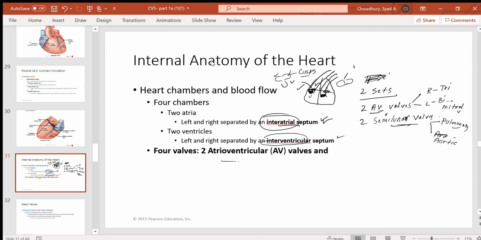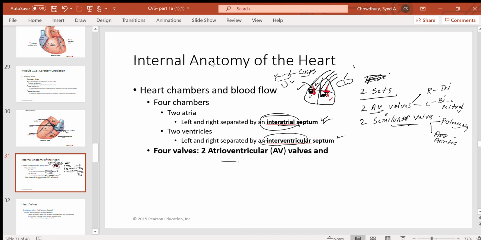So now which way the valves open, let me just quickly mention. AV valves, both right and left, will move downwards, open downwards this way. So the blood will be able to go from the atrium to the ventricle of the same side, so respective ventricles. And when the ventricle contracts, these valves will get closed, but will not open the other way, will not open upwards.